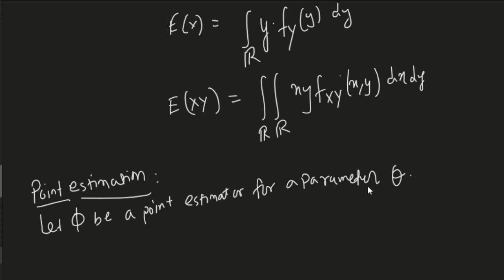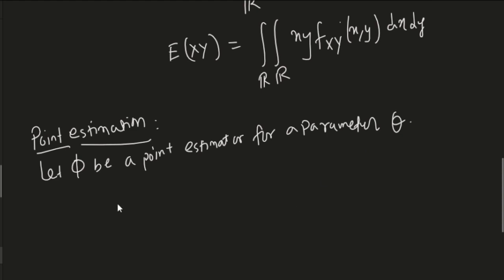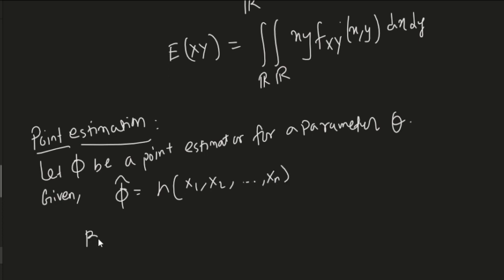Now what we do know is the bias of an estimator is as follows. So the bias of an estimator is given by the expected value of the estimator minus the parameter.